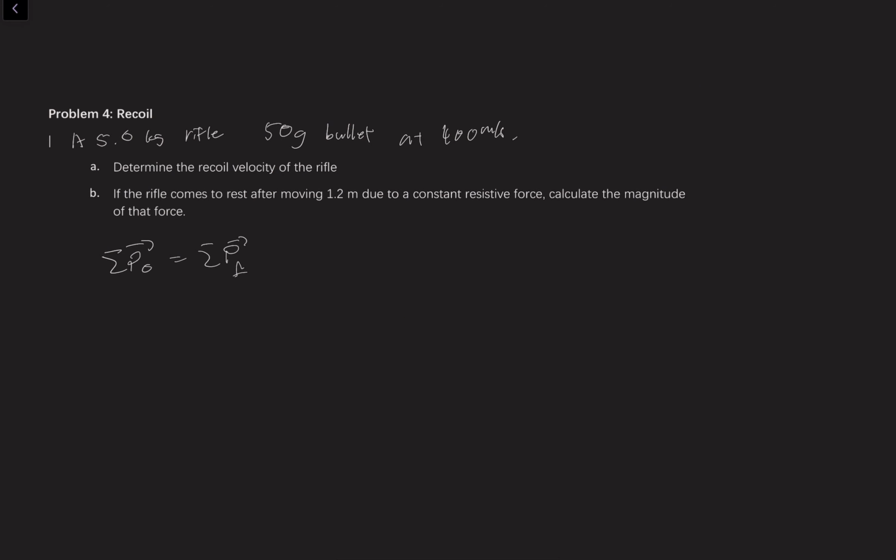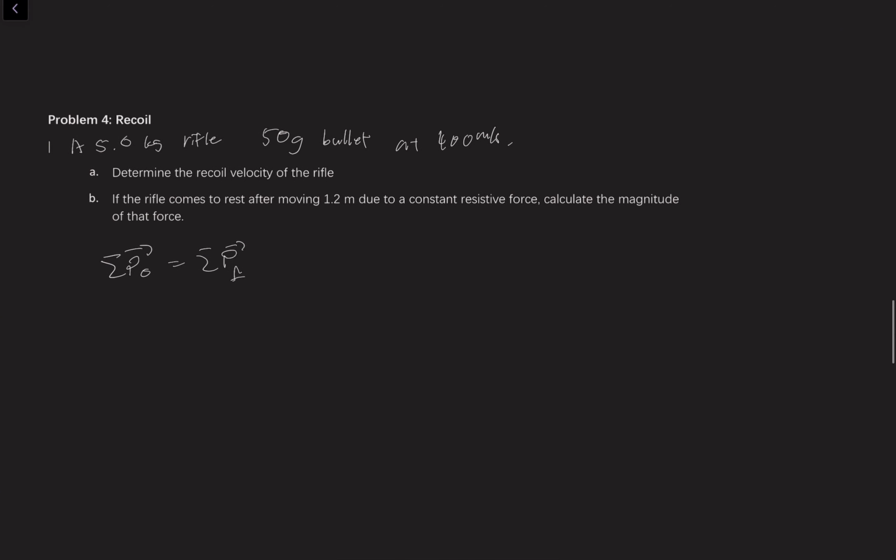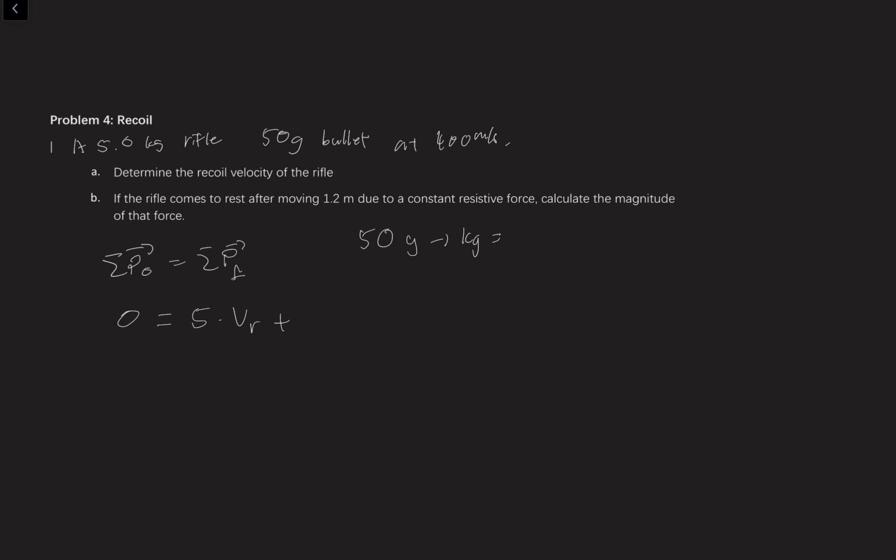Initially they're not moving. They both are not moving before the shooting. So that's 0 actually. So 5, the mass of the rifle, times the velocity of the rifle, plus, let's convert 50 grams into kilograms, that is 0.05.